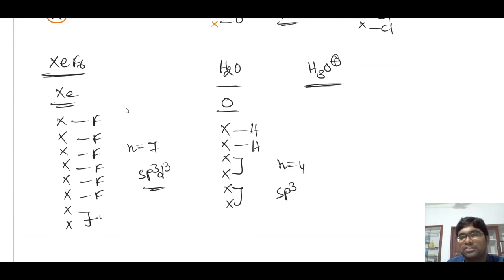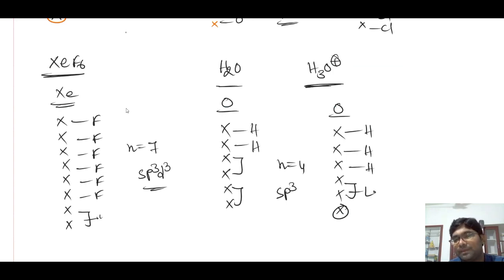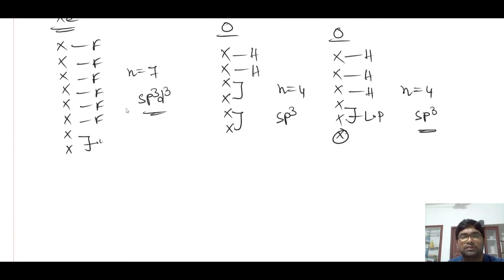In the case of H3O+, the central atom is oxygen, and similarly it has 6 electrons in the outermost orbit, but it has a plus charge over the central atom, so we should remove one electron. There are 3 surrounding hydrogen atoms, and the remaining electrons we can consider as a lone pair. Again the n value is equal to 4, so it is sp3 hybridization.